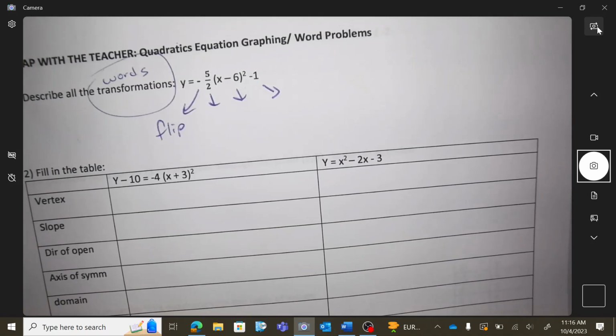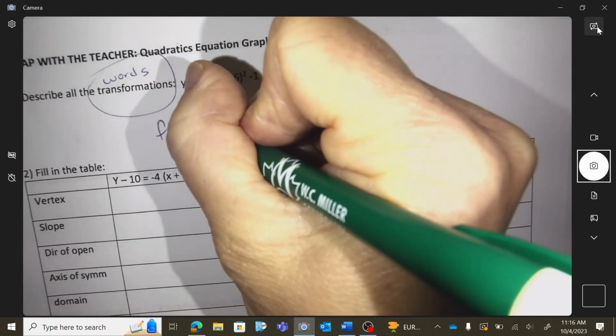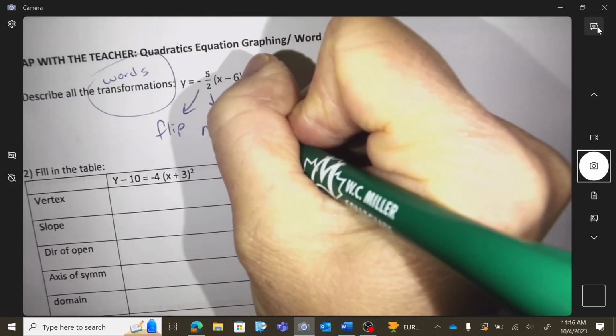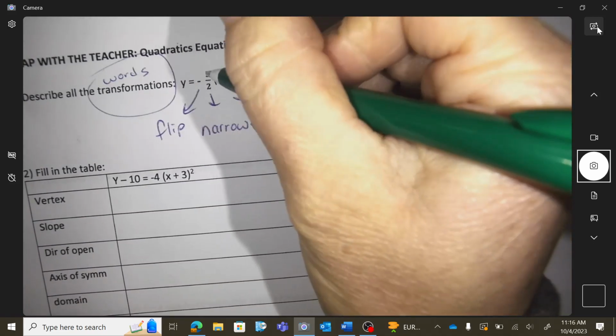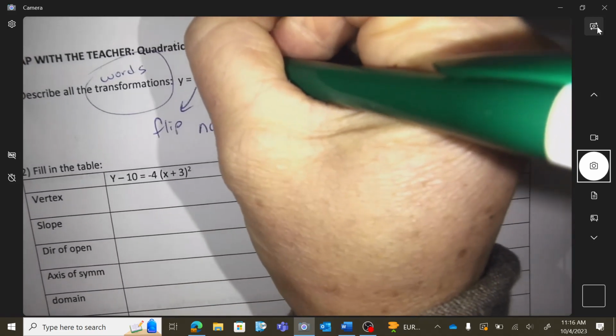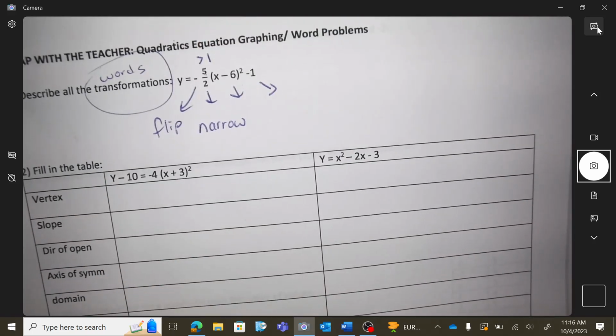Which one is it? Narrows. Why does it narrow? What do you know about this number? It's bigger than 1. Did I trick you with the fraction? Because 5 divided by 2 is actually 2.5, so it's bigger than 1.